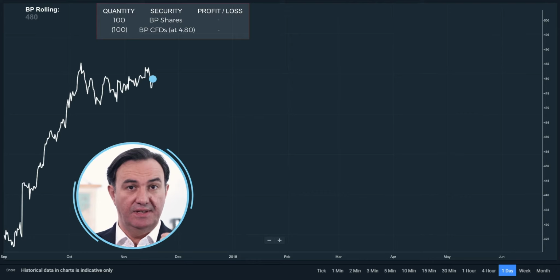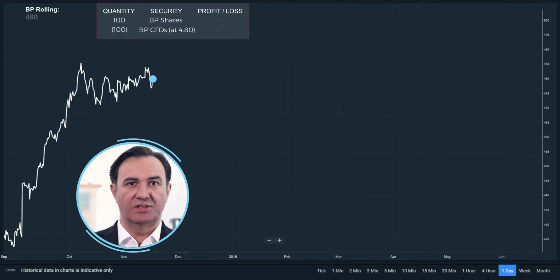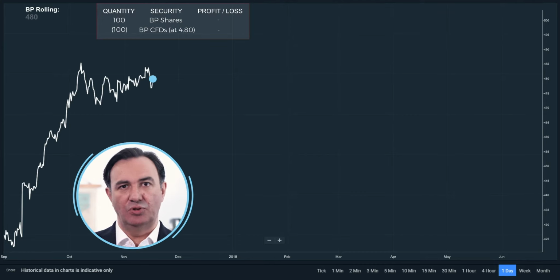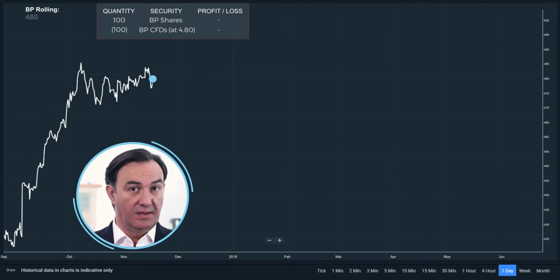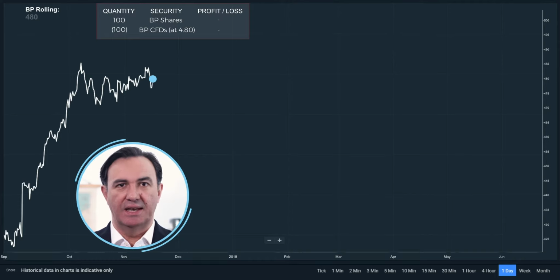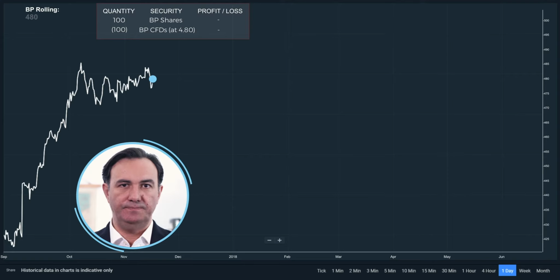They can buy the CFDs back when they are confident that the short-term risk has passed. Because they aren't trading the actual shares, they don't incur the stamp duty charge, only a relatively small commission and funding charge from the broker. This way, they can keep on owning the shares and protect against the short-term risk while the CFD is open.